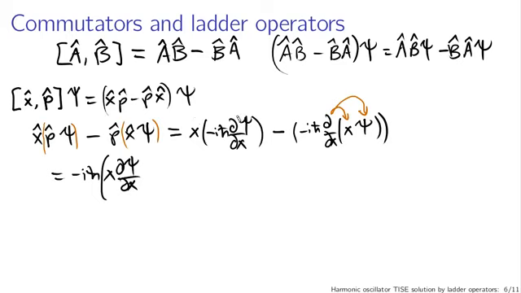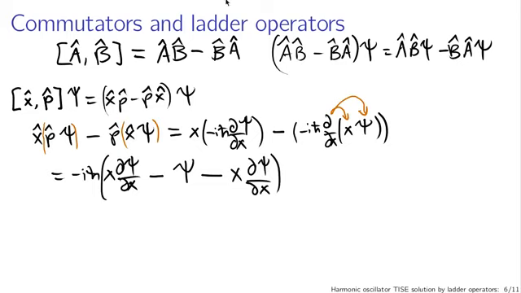So x d psi dx is my first term here. Then I have minus, if I use the derivative on the x, the derivative of x with respect to x is just 1. So all I'll be left with is the psi remaining untouched in the product rule. And if I let the derivative hit the psi, I'll leave the x untouched, and I'll have the derivative of psi with respect to x.